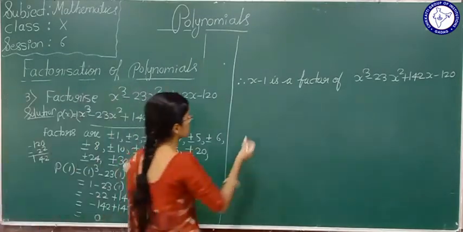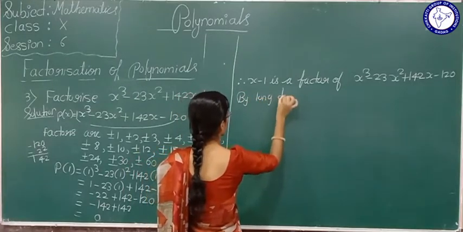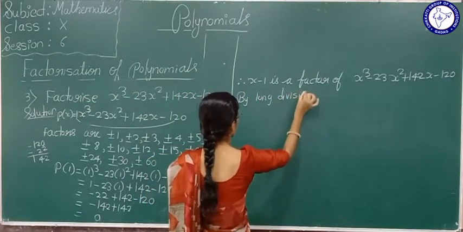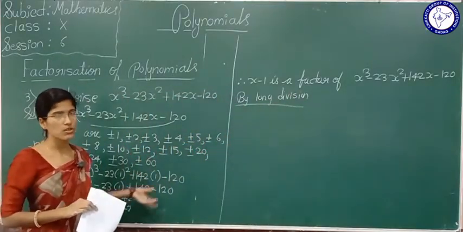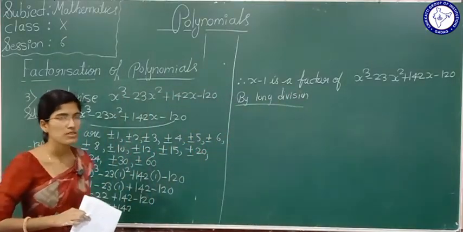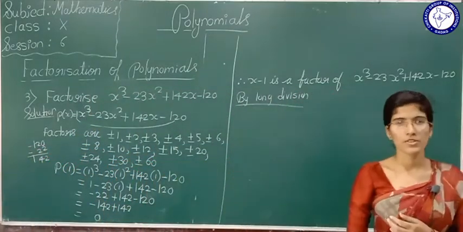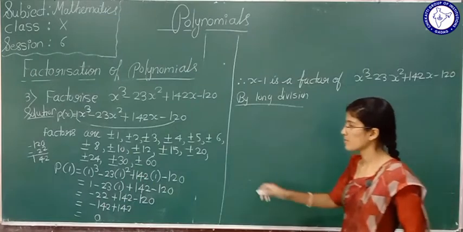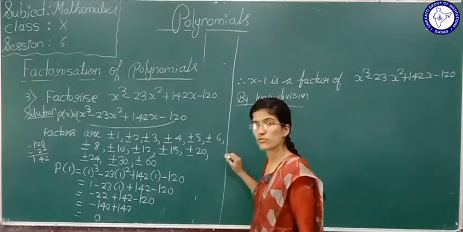What we will do is long division. See, if you want, you can go on putting these values, no problem. Where it comes 0, that particular value will be a factor. But what I am telling is, if you go like that and check, your time will be consumed very much.